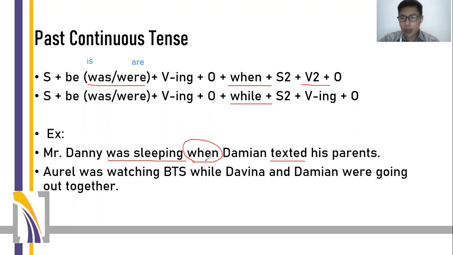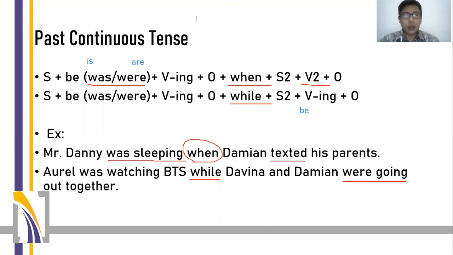How about while? The fundamental is the same, but if we use while, we have to use another verbing with be and verbing. I'm sorry, I didn't write the be over there, so let me put it over here.